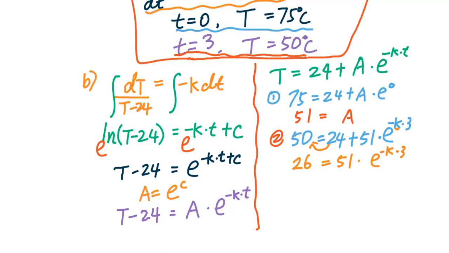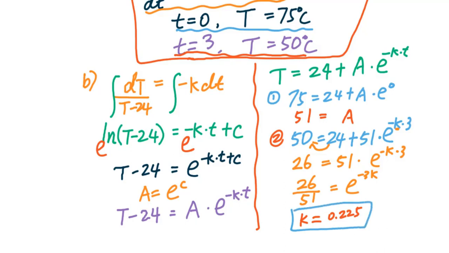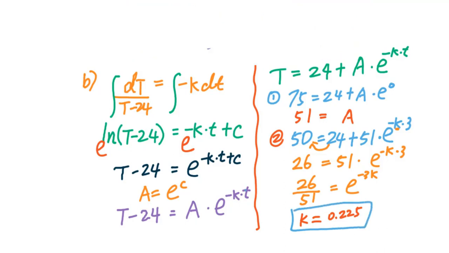So we divide by 51, you will get 26 over 51 equals e to the negative 3k, which gives k equals 0.225. Therefore, the solution will be T equals 24 plus 51 times e to the negative 0.225 t.